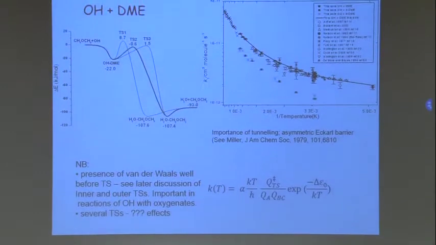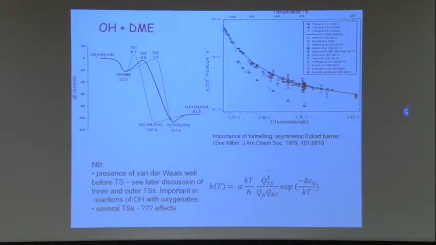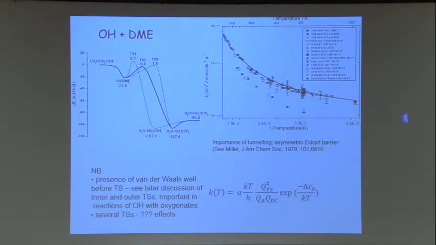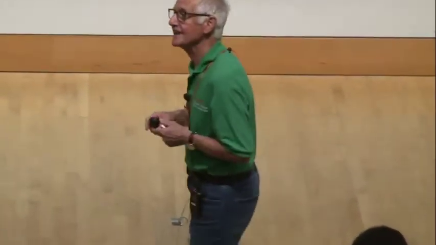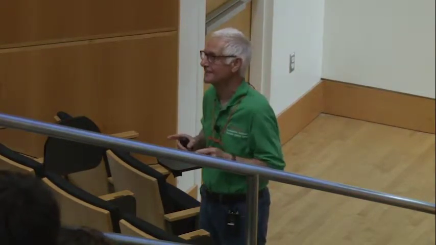Okay. Any questions? We've had half an hour. Oh, right. So going back to internal rotors, does the inclusion of internal rotors in your partition function cause the partition function to go up or down? It depends upon the conditions. It's an interesting and really rather complex process.